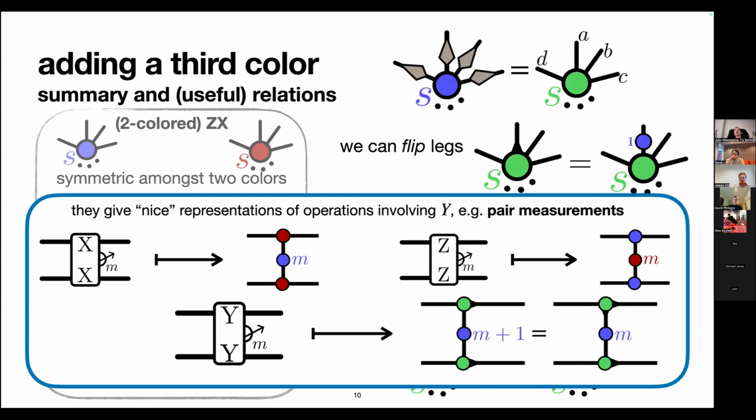Yeah, we would say that the choice of tensors we choose as an elementary, or generating, set is nice because Y measurements or multi-qubit Y measurements now have a nice representation, in the sense that they look very similar to the usual XX and ZZ measurements, which are just two tensors of the color associated to the basis that we measure, on the world line of the physical qubit that we measure, connected by a vertical line that carries a tensor of a different color with the measurement label.